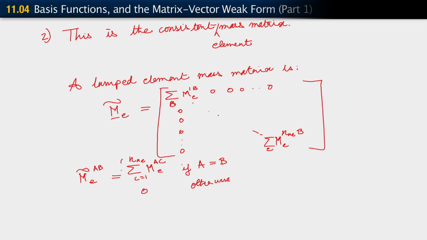It's a quick and dirty way of diagonalizing the matrix. It's not a proper diagonalization through defining orthogonal basis functions or anything like that. It's just a way to lump it and define a diagonalized matrix. And you also see why it's called a lumped element mass matrix, because you're lumping all the mass at the nodes.